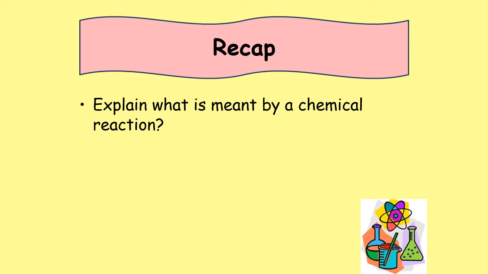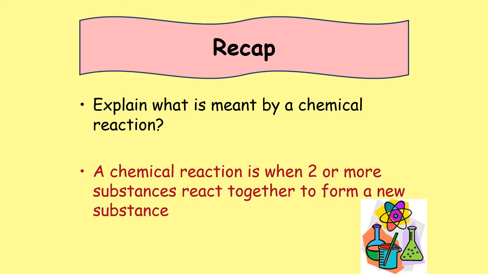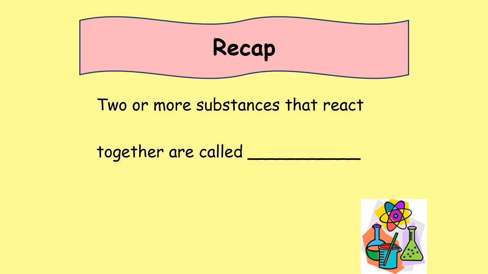Well, a chemical reaction is when two or more substances react together to form a new substance. Remember the words you're going to want to use: reactants turning into products. Now we fill in the blank here.